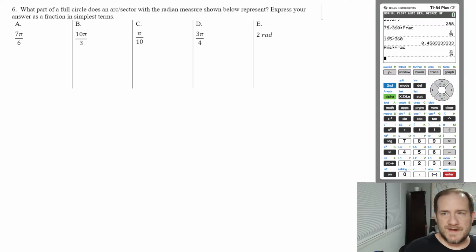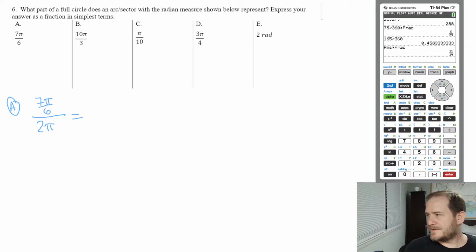So now knowing that, to find this fraction, wouldn't we just take the 7 pi over 6? That's the part of a circle, and you divide it by the whole number of radians in a circle, which is 2 pi. Now the way I think about this is this fraction bar represents a division problem. So 7 pi over 6 divided by 2 pi. That's what we're trying to solve.